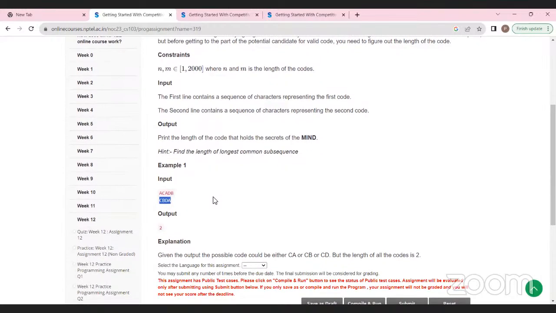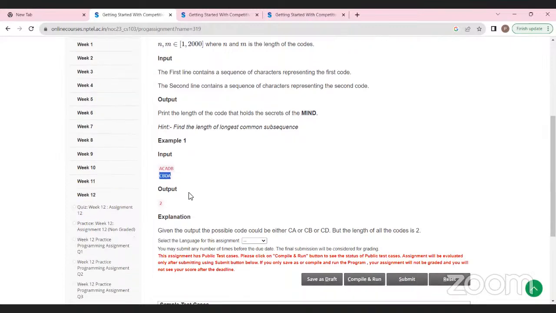So what you're trying to figure out is removing the noise from that code. You figure out the common values which occur in both codes. Hence the possible candidates for this code are CA, CB, or CD, and the length of all of these codes is 2. Hence the answer.